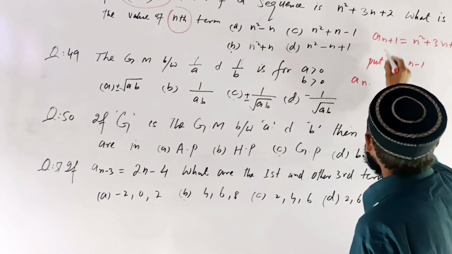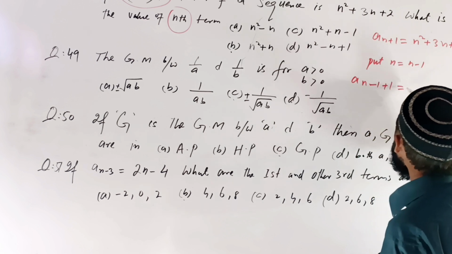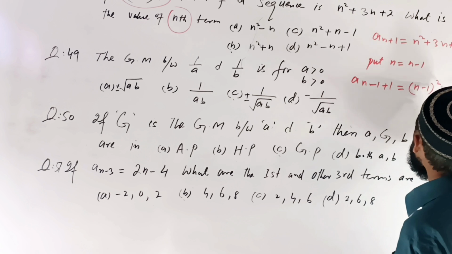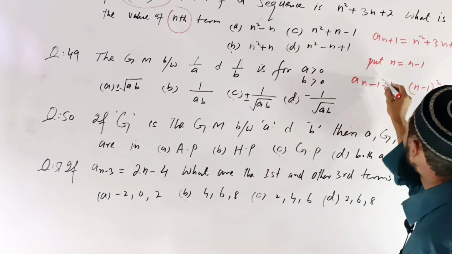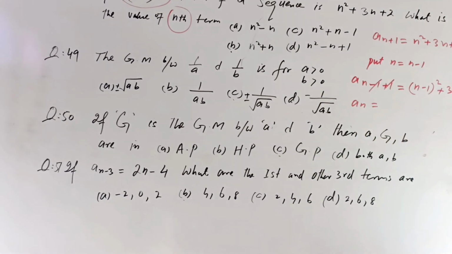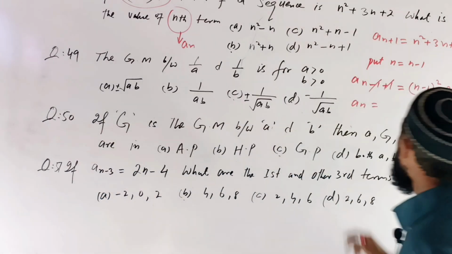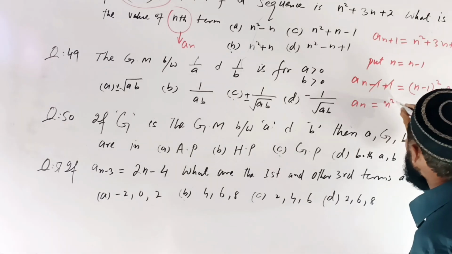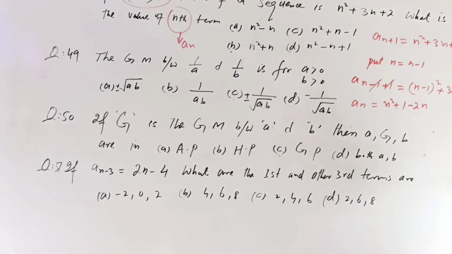So in the place of n we put n minus 1, and we get an is equal to n minus 1 whole square plus 3 into n minus 1 plus 2. The nth term an is required. So we will get n square plus 1 square minus 2n, according to the formula of a minus b whole square, plus 3n minus 3 plus 2.